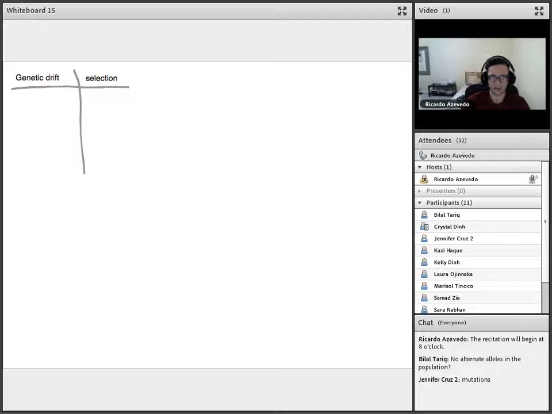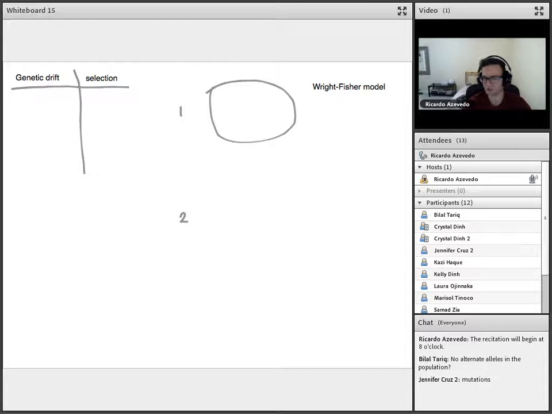Drift comes from the idea that whenever you have a population, and what we're doing is usually described as a Wright-Fisher model, which is a simple model where you have parents and you create offspring. So you have a generation. Let's say this one is generation 1. We want to create the second generation, and we keep the size the same.